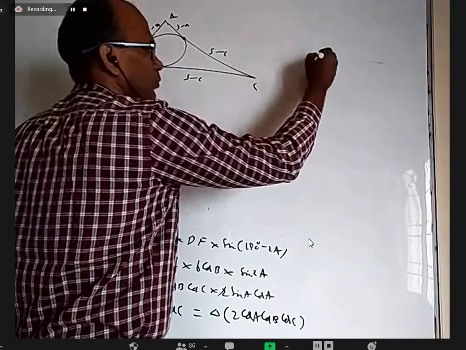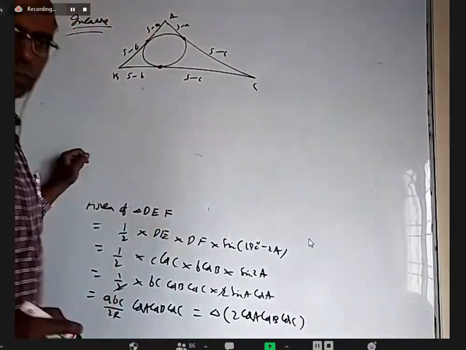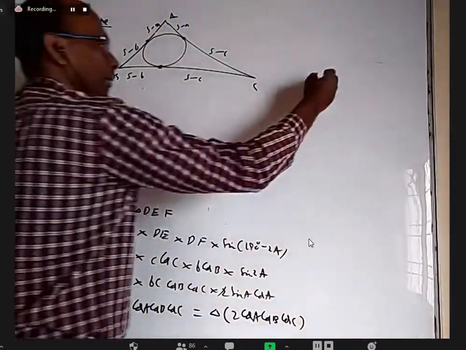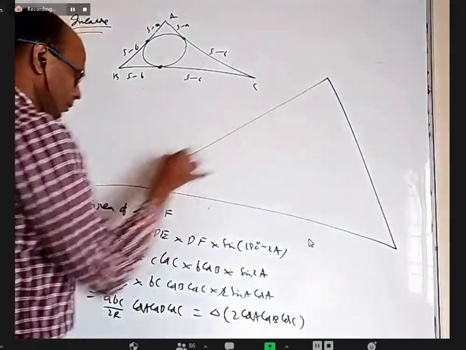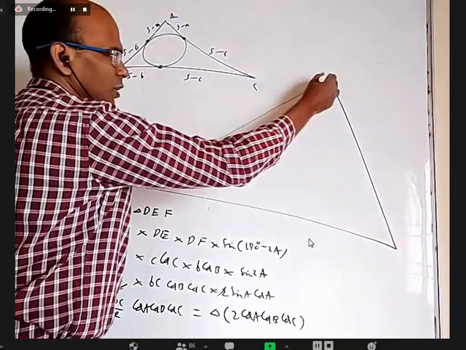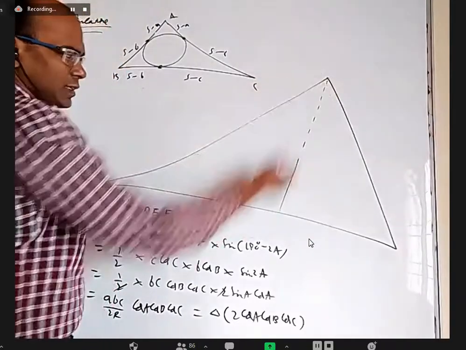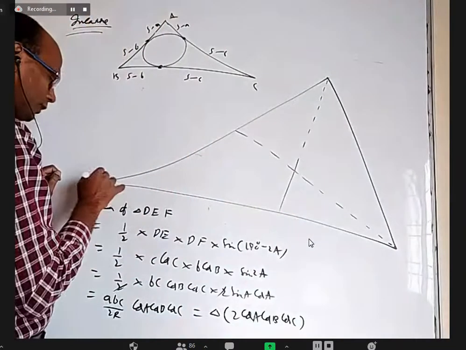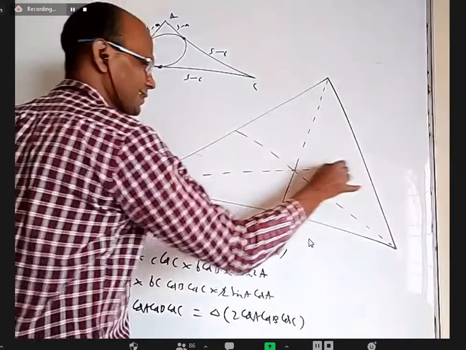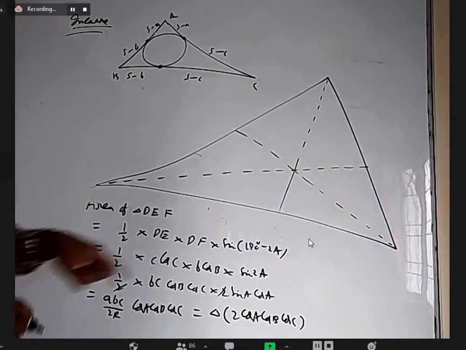But actually, if you take, let me draw a little bigger one. There will be one line which is bisecting this angle. There will be another line bisecting this angle. There will be another line bisecting this angle. This is not the midpoint.